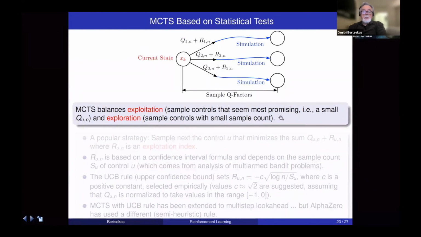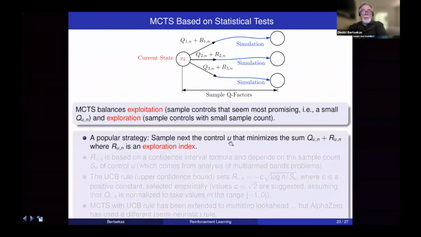So Monte Carlo Tree Search tries to balance the two: sample controls with a small sample count and sample controls that seem most promising. And a popular strategy is to introduce, in addition to the exploitation index, an exploration index, which indicates to what extent the control U has been sampled, has been explored.